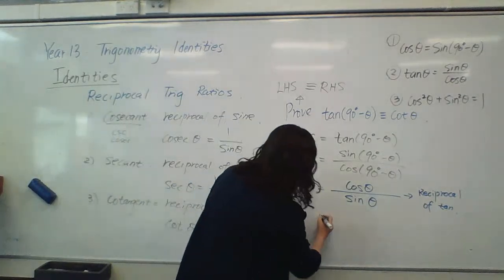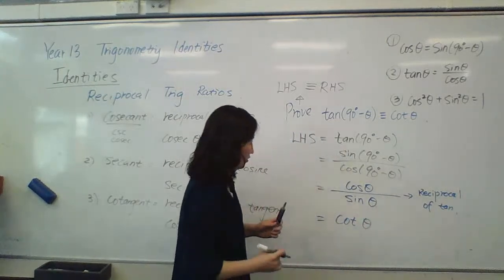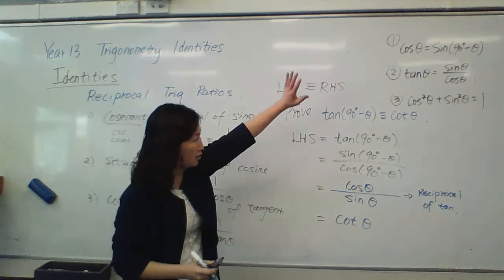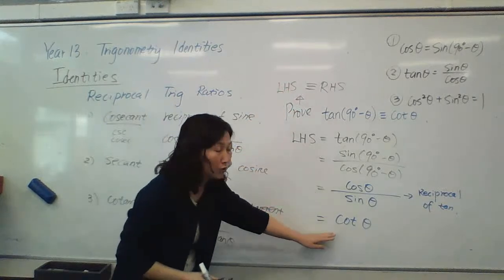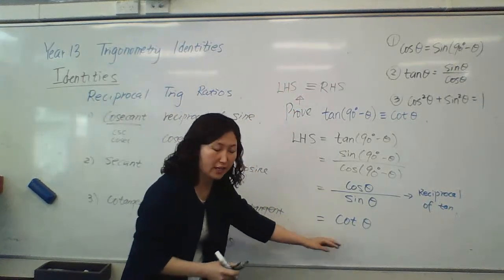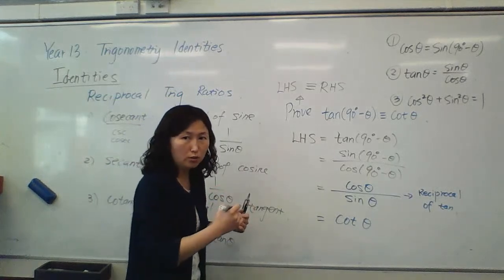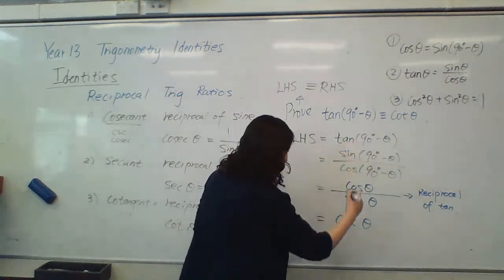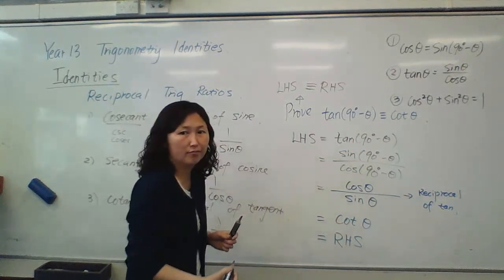So therefore, I can say this is equivalent to cotangent theta. Now I started with the left-hand side. I used the cosine meaning and the identities to make a conclusion that it is cotangent theta. But please don't stop here.